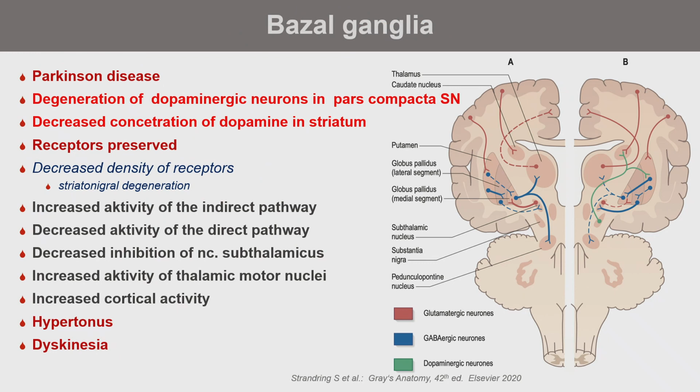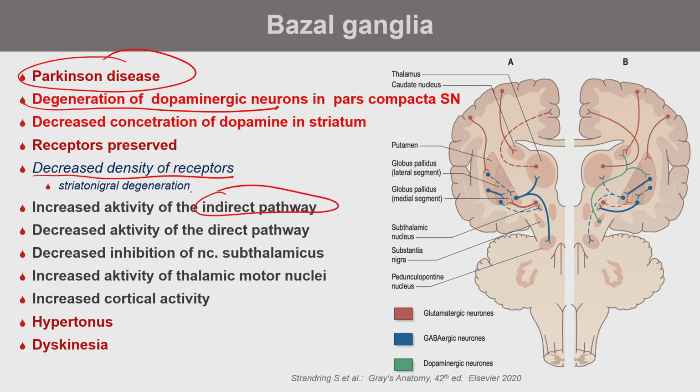So basal ganglia, typically Parkinsonian disease, is related to the problem of degeneration of dopaminergic neurons or decreased density of receptors. And then the patient has increased activity of indirect pathway and decreased activity of a direct pathway. So this is finally decreasing inhibition of subthalamic nucleus.